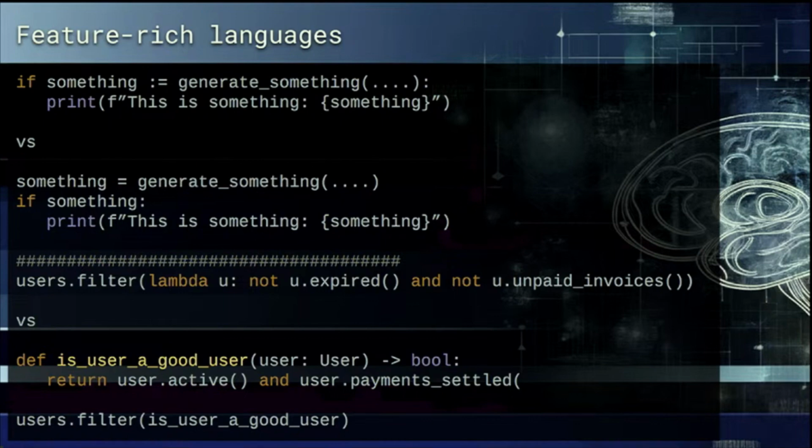What we can do is name things properly. Once someone who reads the code agrees with our interpretation that this is actually a good name for this method, like is_good_user, then once someone reaches that line of code, it costs only one extra token to understand what this line actually does, instead of remembering the concept of the user being expired, the user having some unpaid invoices, and so on and so on.